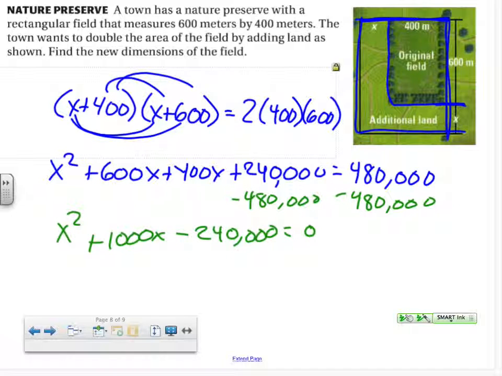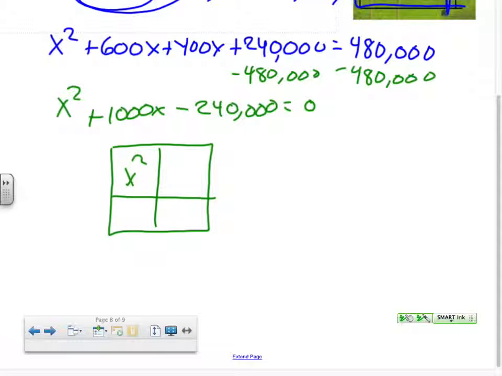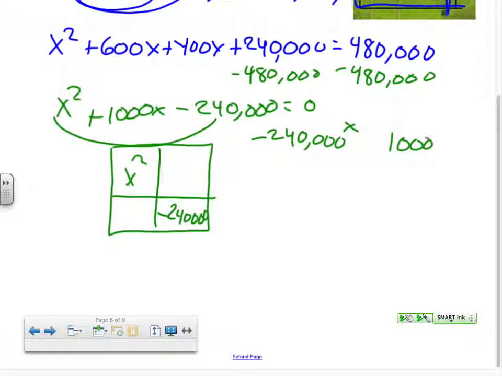So I'm going to factor this. I'll reverse my box. We got x squared, we got negative 240,000, and I want to see how can I multiply to get negative 240,000 and add to get 1,000. All right, be systematic.